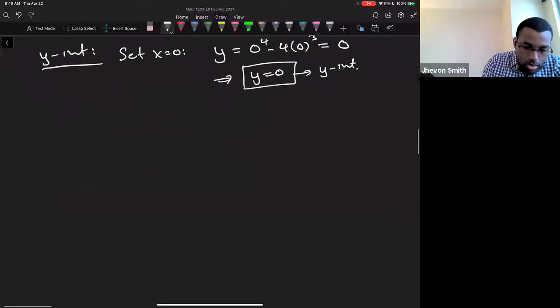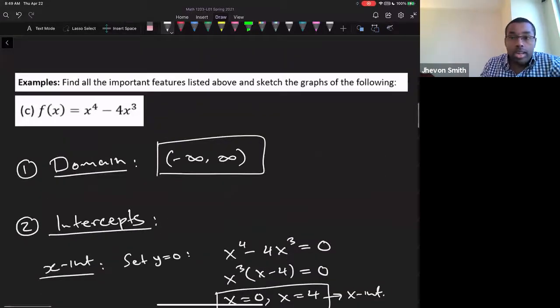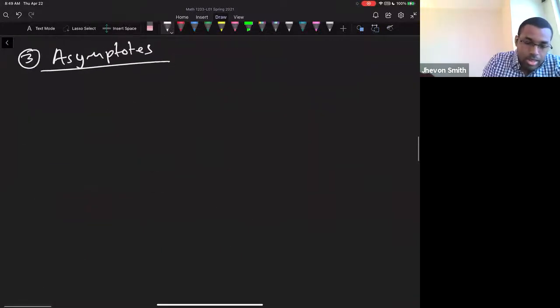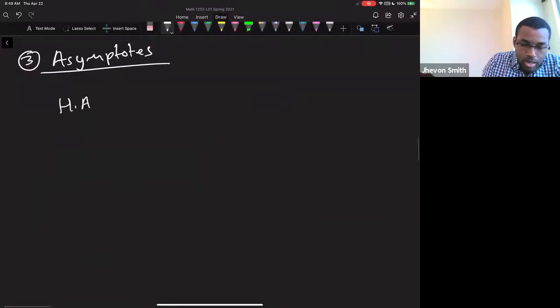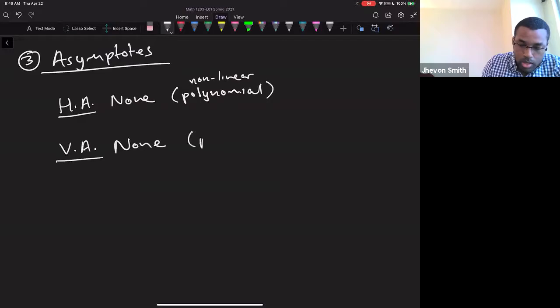Third thing we're going to want to do is find the asymptotes. We're looking at a polynomial that's not a straight line. It has none, right? So horizontal asymptote, none, it's a polynomial. And vertical asymptote, none, because it's a polynomial.